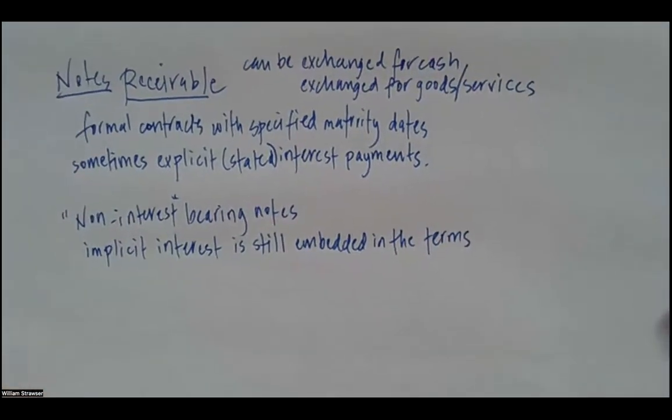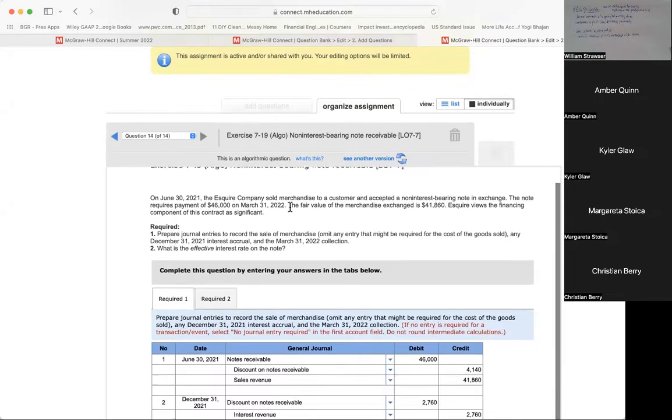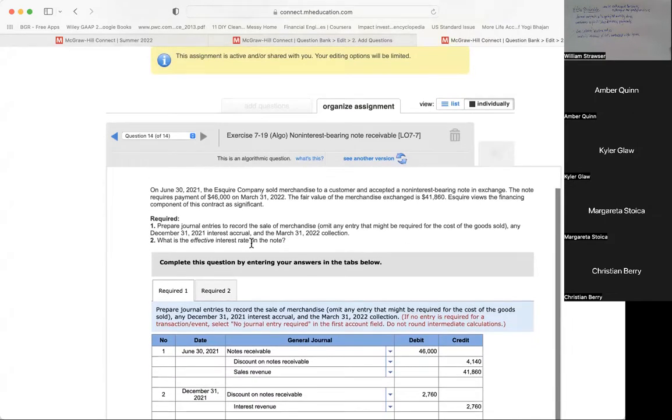It's a problem from chapter 7, assignment 7. So let me share my screen. So this is this non-interest bearing note receivable.